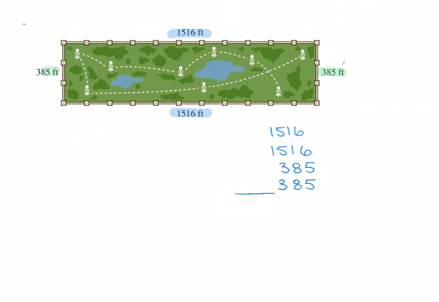We line up our columns and we add. So let's see what we got here. Starting on the right, I have 6 and 6 is 12. 5 and 5 is 10. And if I add those together, I get 22.